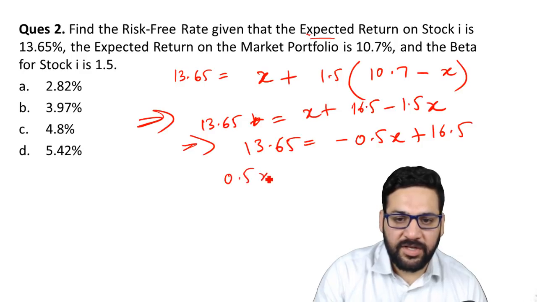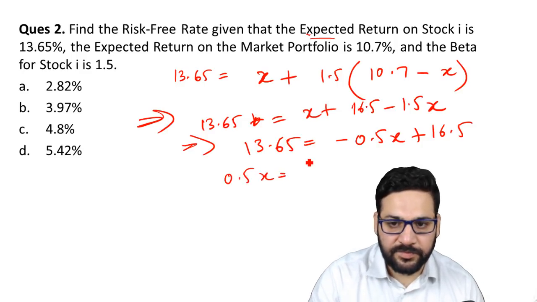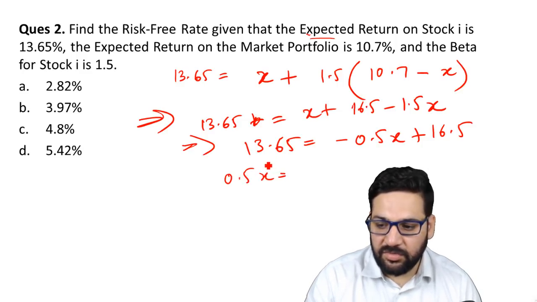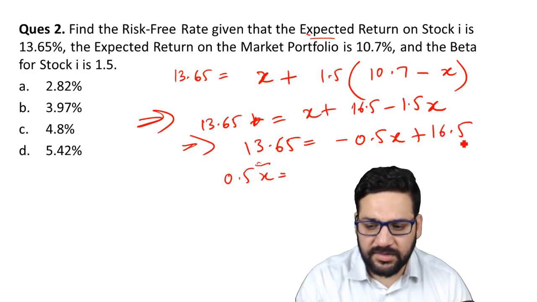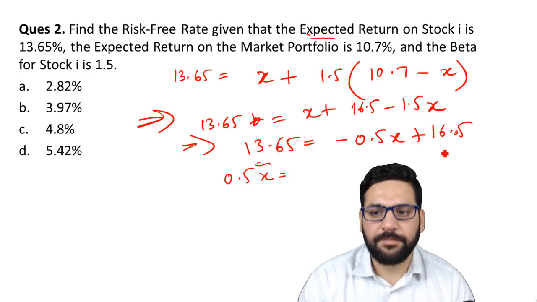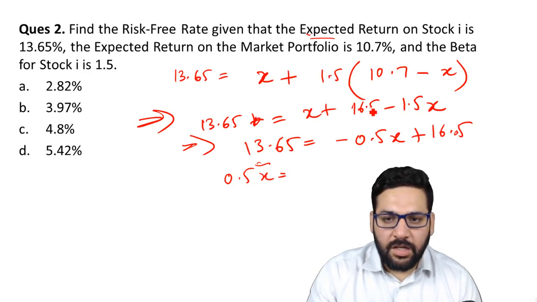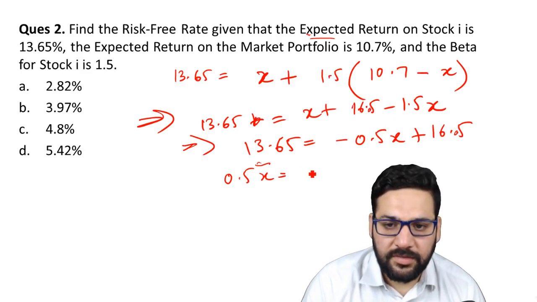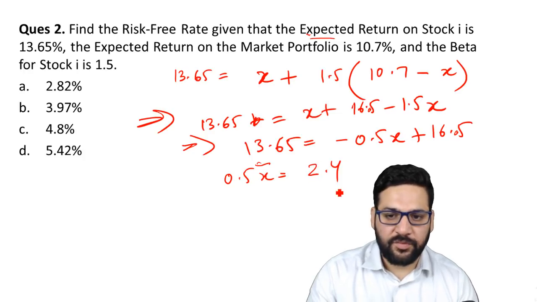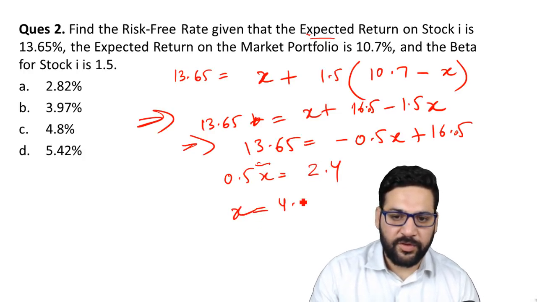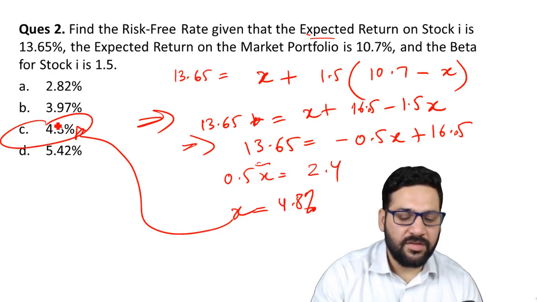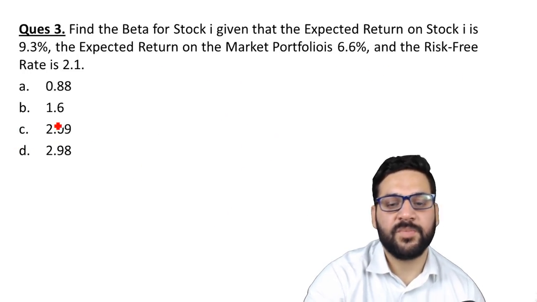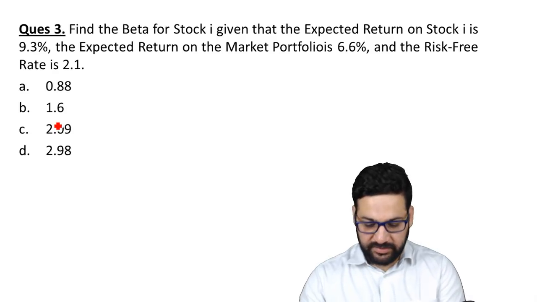So 0.5X is equal to, you just need to deduct this one, 2.4, and then X becomes 4.8%. So the 4.8%, C, is the answer, right? Very simple, easy. I hope you are able to understand the question, students.